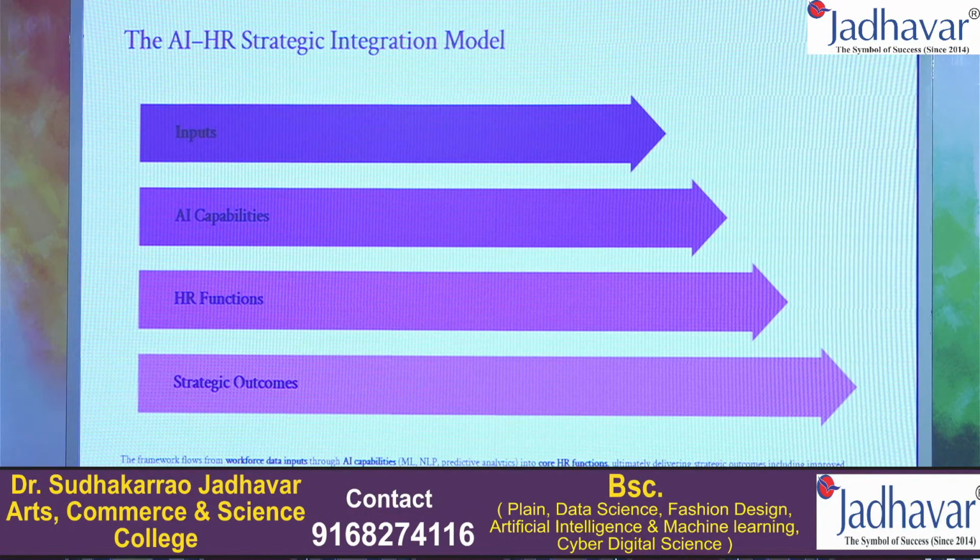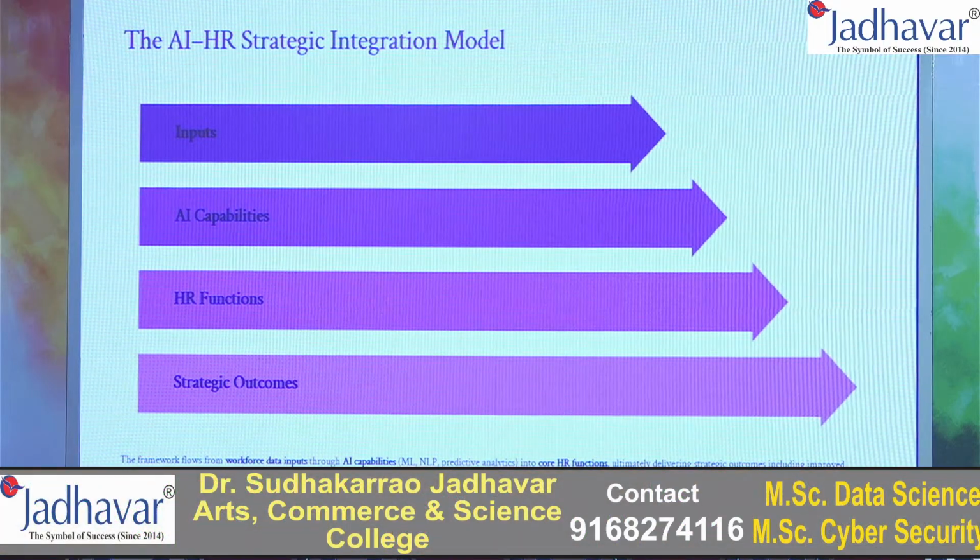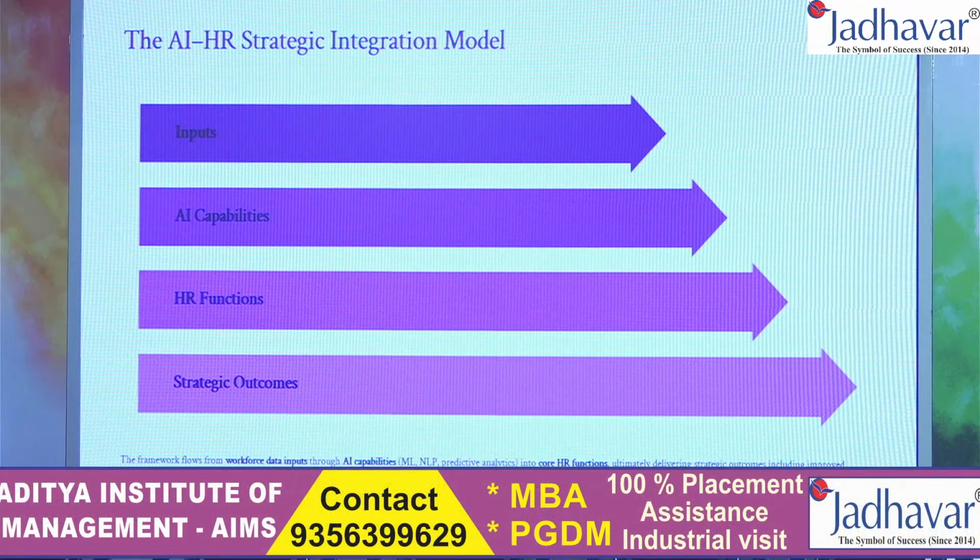AI capabilities: we have to understand in which area we can use AI. It may be HR, finance, marketing, there are several sectors where we can use it. But we have to take a decision up to which extent we are going to use it and in which area we are going to apply it.